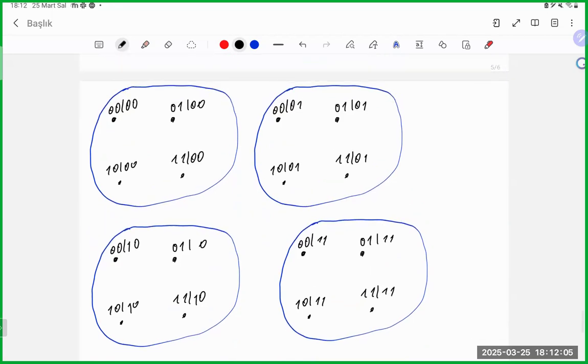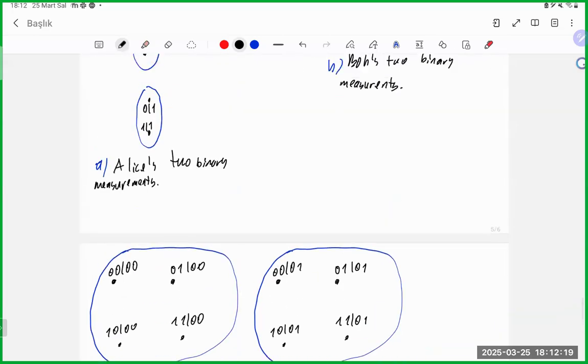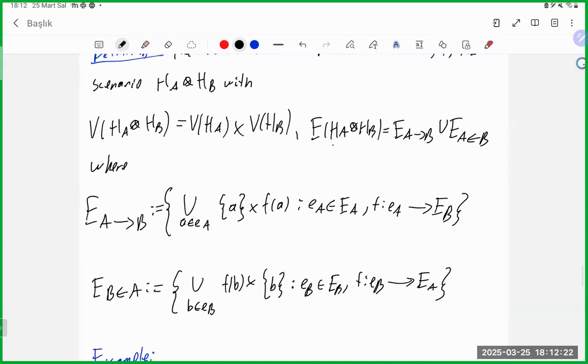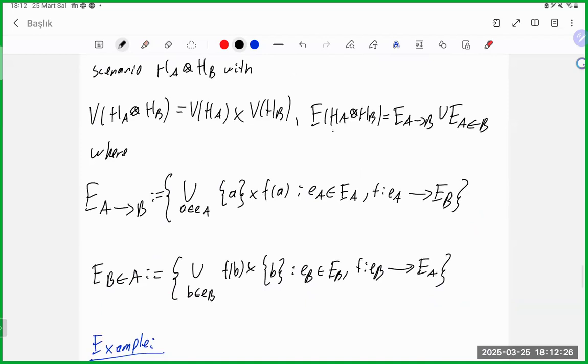As we can see, for each edge, no matter what Alice measures, the measurement choice of Bob does not change. So it is a valid result in this definition because it does not insist that Bob should change his measurement according to the measurement outcome of Alice.